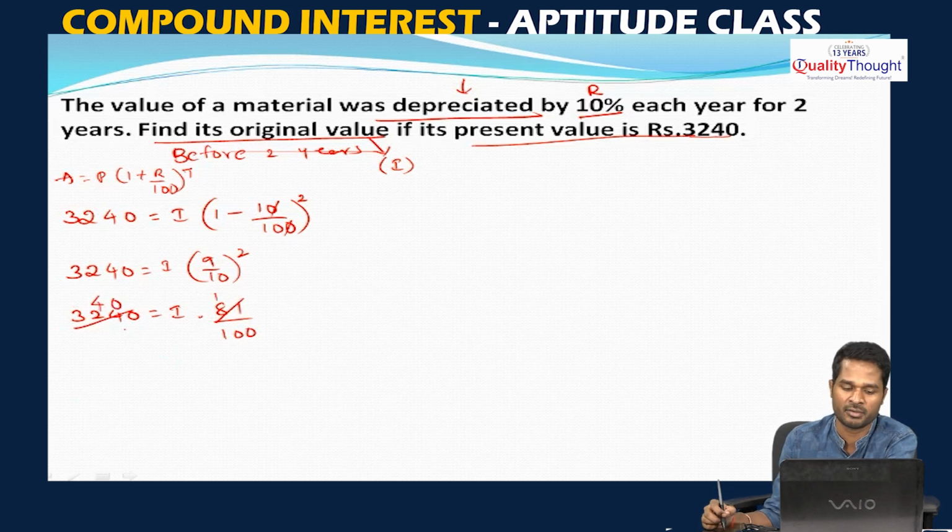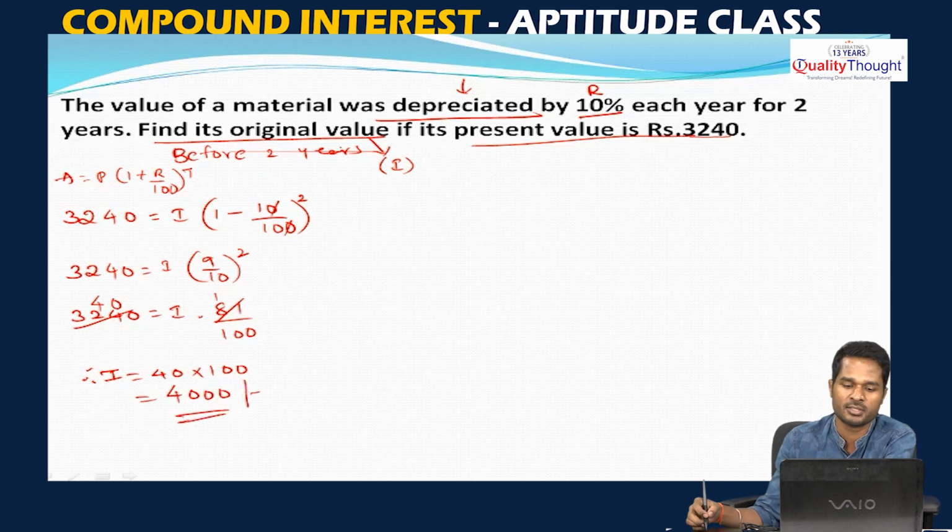Now the I value, the original value of that material, was 40 into 100, which is 4000 rupees.